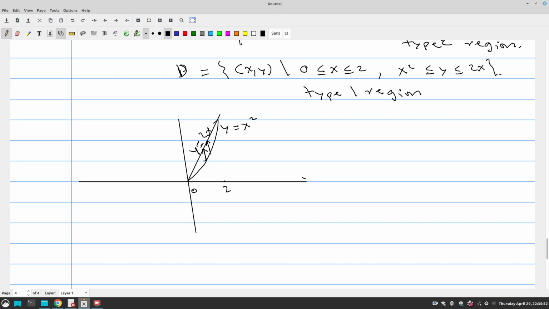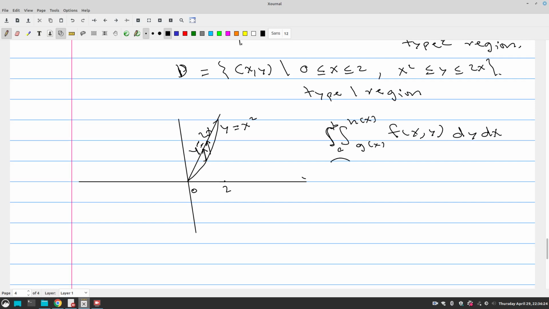So the integration of any function in a type 1 scenario, you would do the y integration first: integral from a to b, g(x) to h(x), f(x,y) dy dx, right?